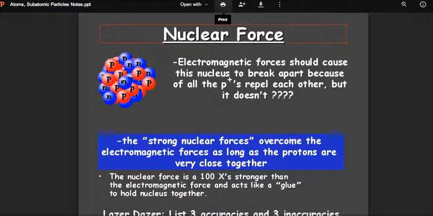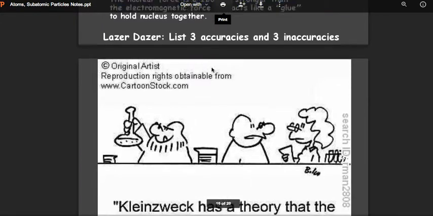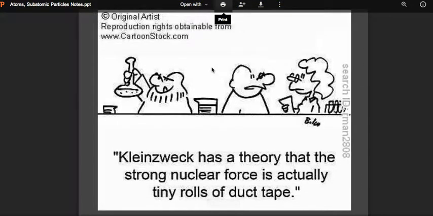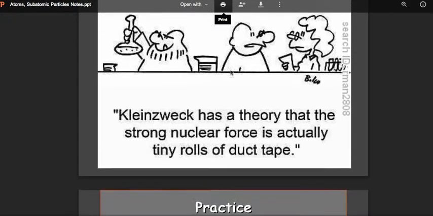It's 100 times stronger than the electromagnetic force, this nuclear force that holds all these protons together in a little ball. So if you were asked what keeps the atom together, you have the electromagnetic force, and be able to explain that, and then you have the nuclear force, which is what's going on in the middle with all the protons. Okay, this is just a silly cartoon to remember what nuclear force is.